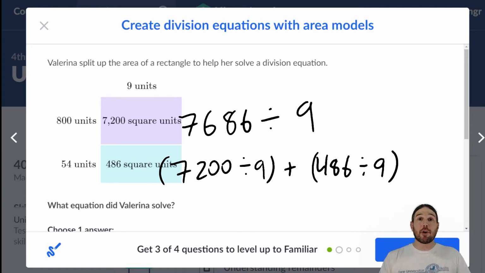It's the same process we were doing earlier, only now it has a visual component so that you can see that we are dividing it up into two unequal groups and finding the area of each one separately, or finding the height of each one separately.